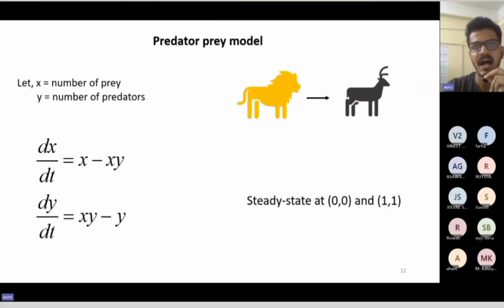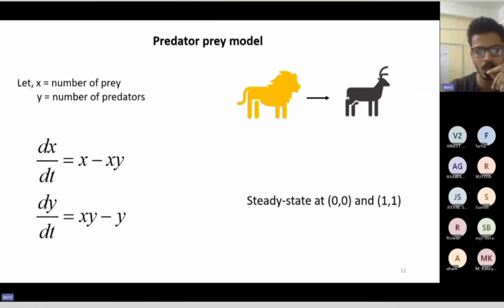So let's see how. Suppose now we know that we can write a differential equation based model, and we can represent some phenomena. But what else can we do? We'll understand that through another simple model, basically the predator-prey model. Suppose the number of prey is x and the number of predators is y.